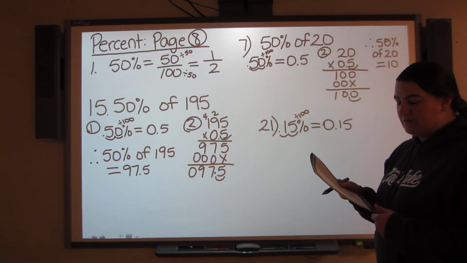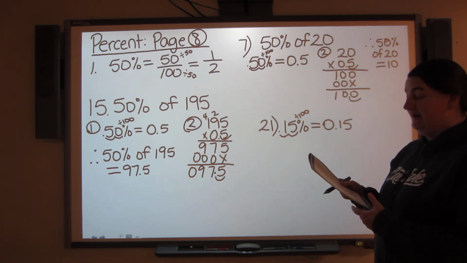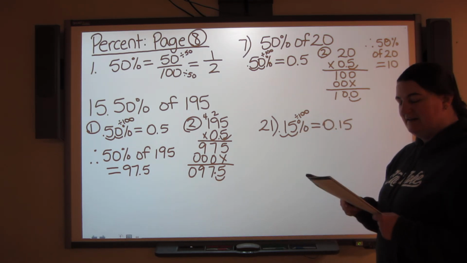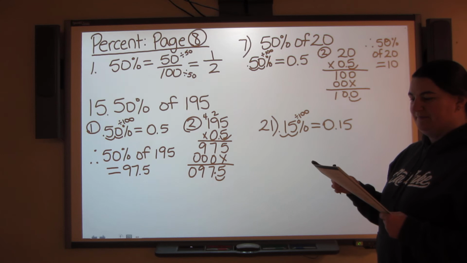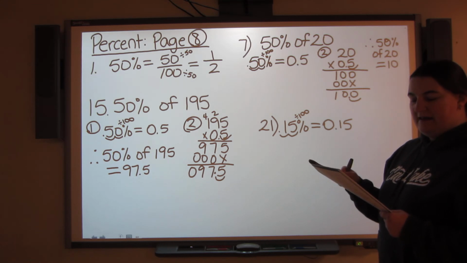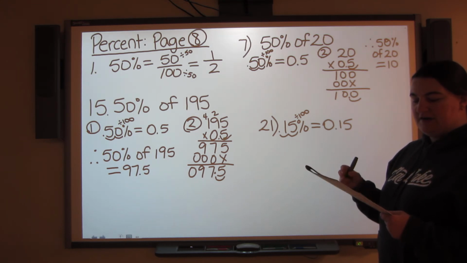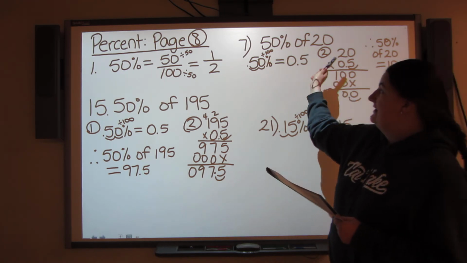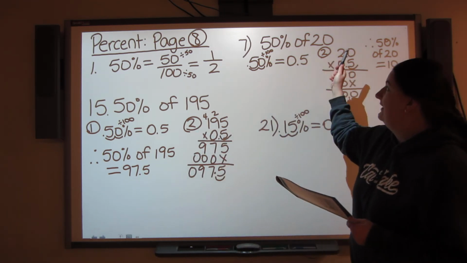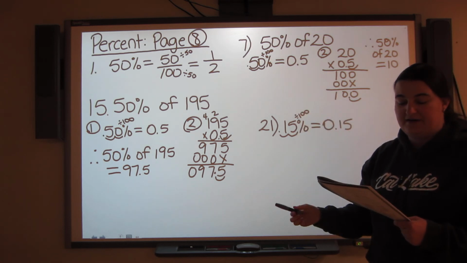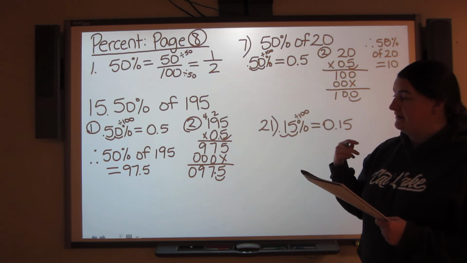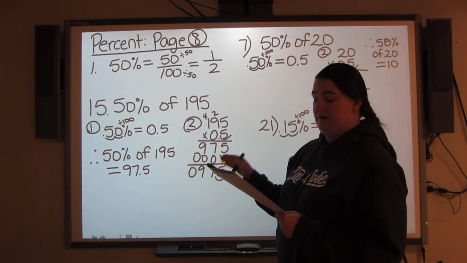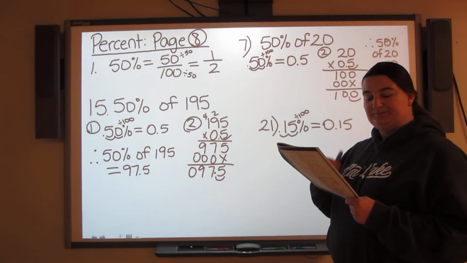So for numbers 21 all the way to 29, this is all you need to do. Change that percent into a decimal. And then number 30 all the way to 37 are exactly like this, where you're finding the percent of the number and then you're doing the steps. Step 1 and step 2, it's exactly the same.